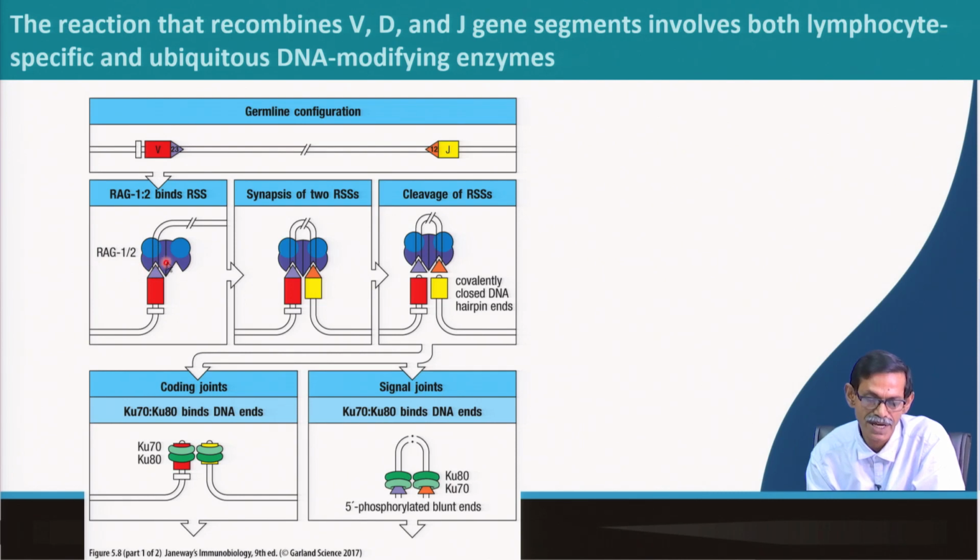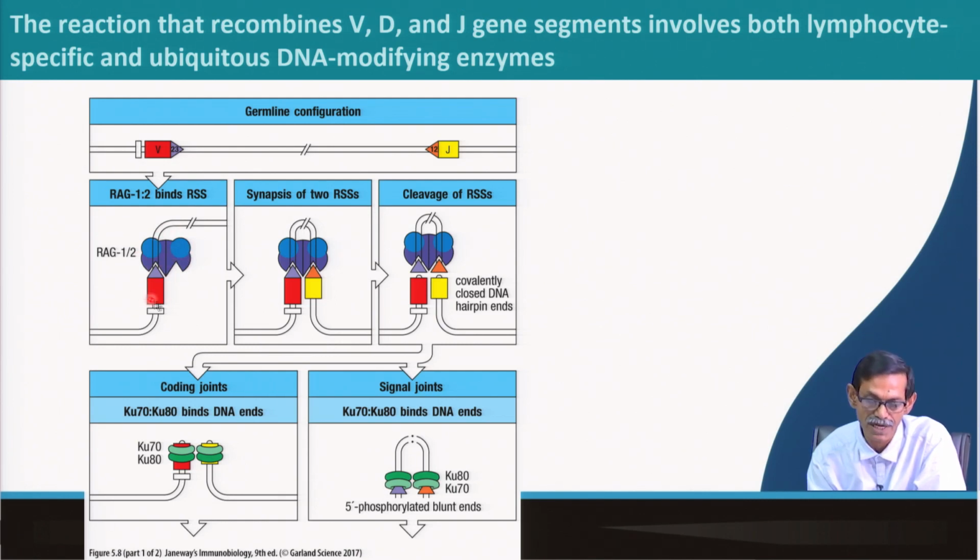This complex first binds to, suppose, the variable region V segment. The violet part is RAG1 and the blue circle is RAG2. This is a heterodimer, and then they make a tetramer, 2 RAG1 and 2 RAG2.